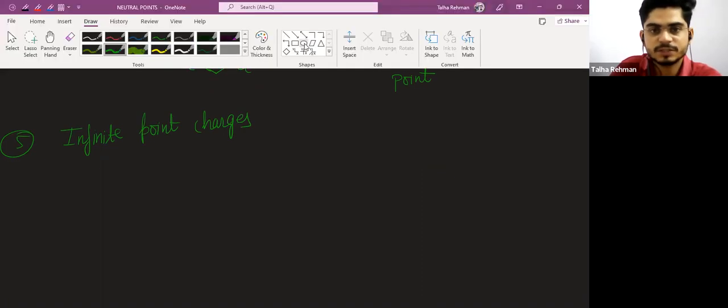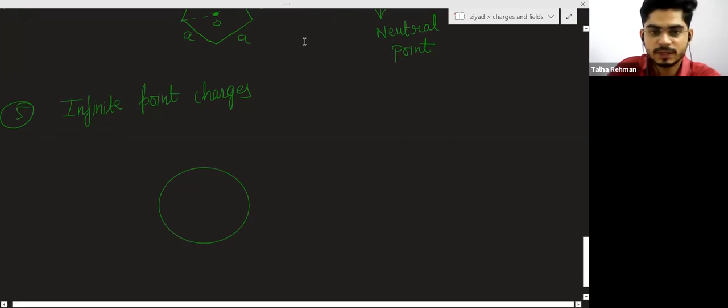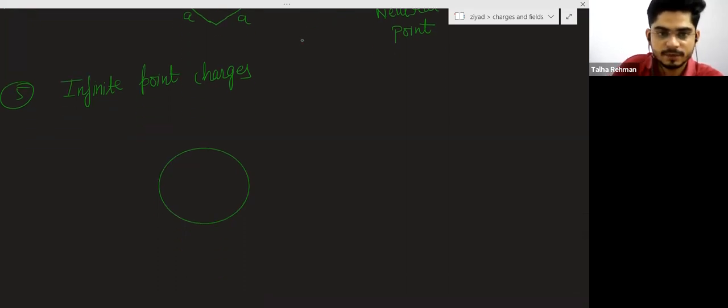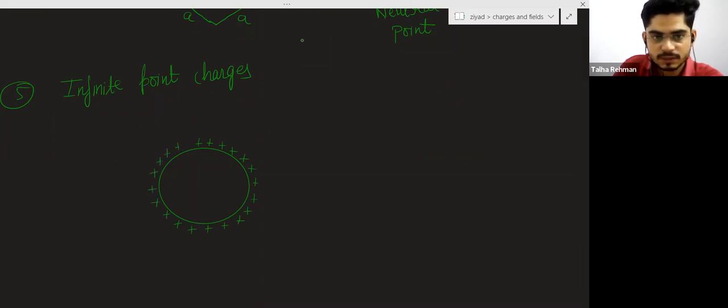Infinite point charges means if you have a circle and on this circle there are infinite positive or negative point charges. Or you can say a uniformly charged circle.